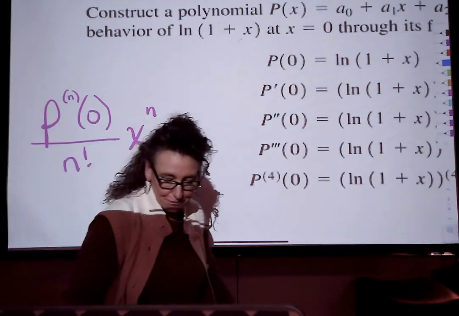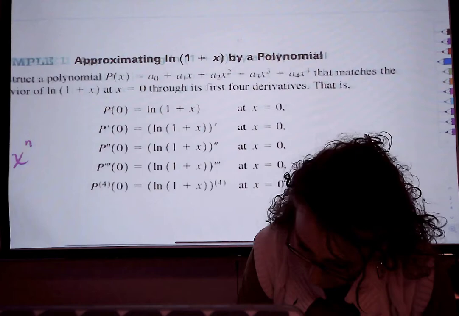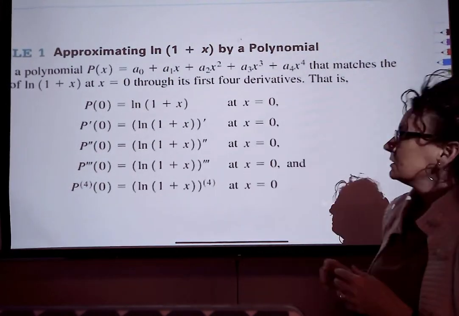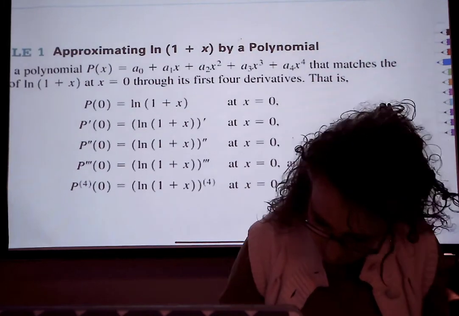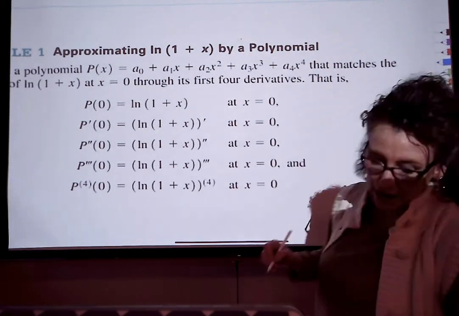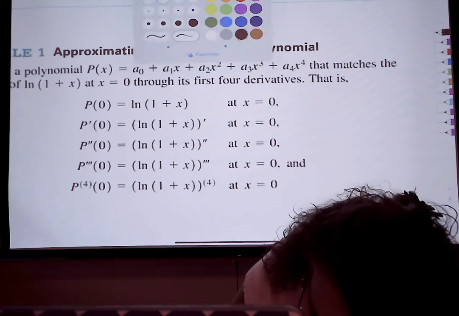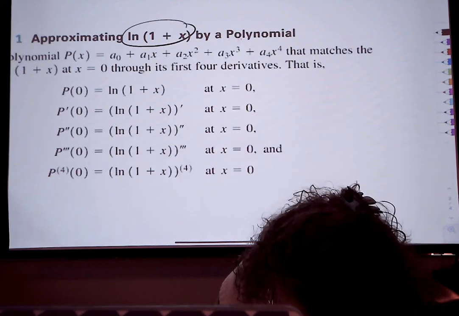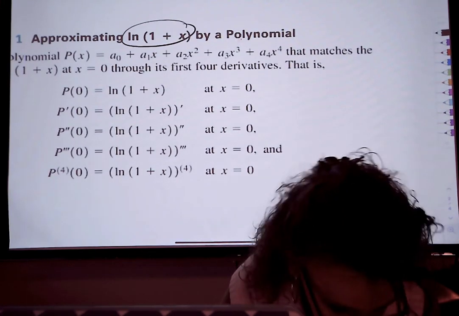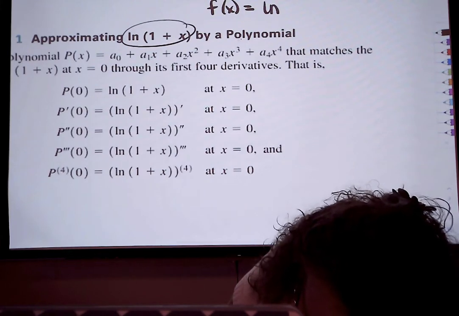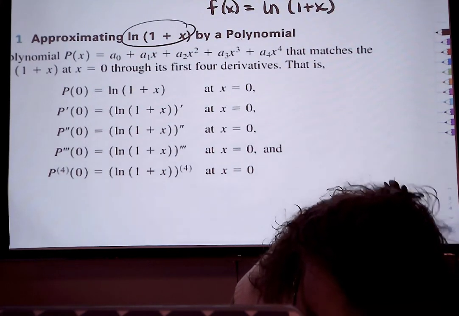Okay, let's try some. It's going to get kind of long, this video. I'm sorry. So it says make a polynomial. This was our function. f of x is natural log of 1 plus x.